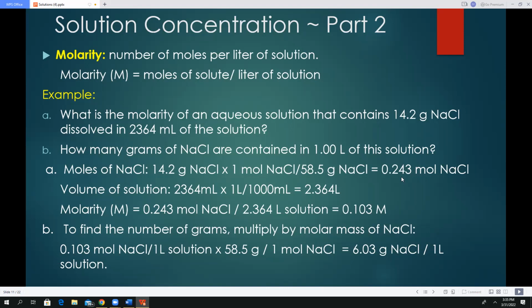Okay, so that's what I get. Here they get 243, same thing. So whether it's 4 or 5, it's good, but we still only have 3 sig figs because of the 14.2 grams. Once we divide that over the liters, right?